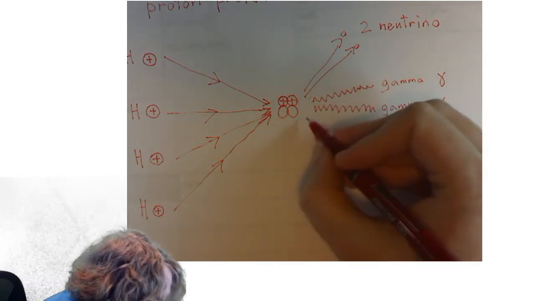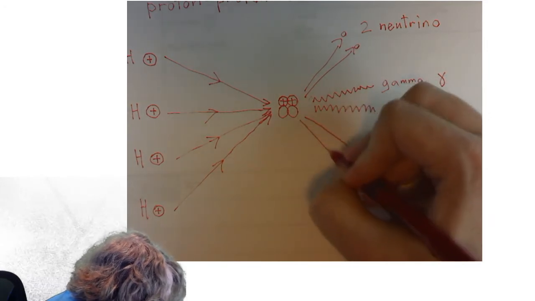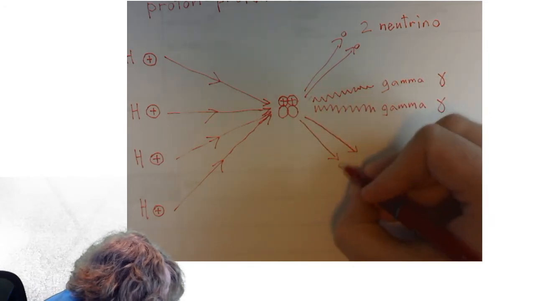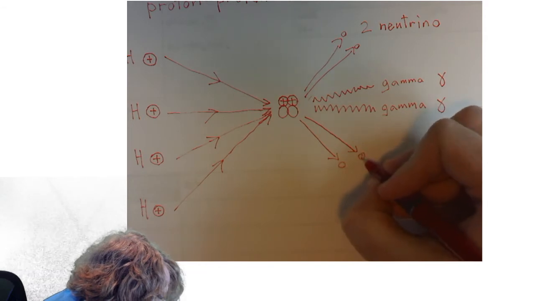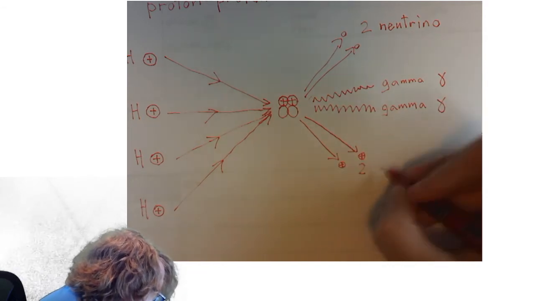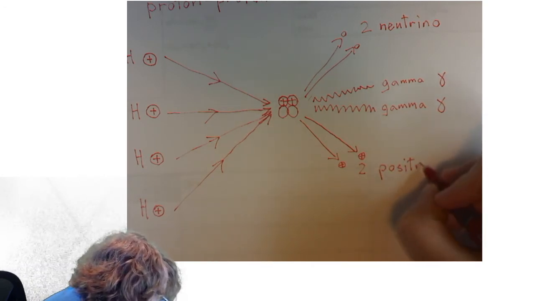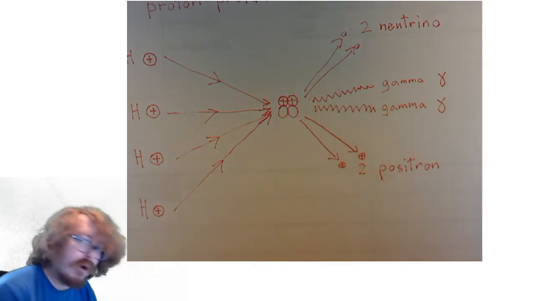and at the same time, I'm going to put these down here. Here we go. Put two little pluses on these. Two positrons. Okay.